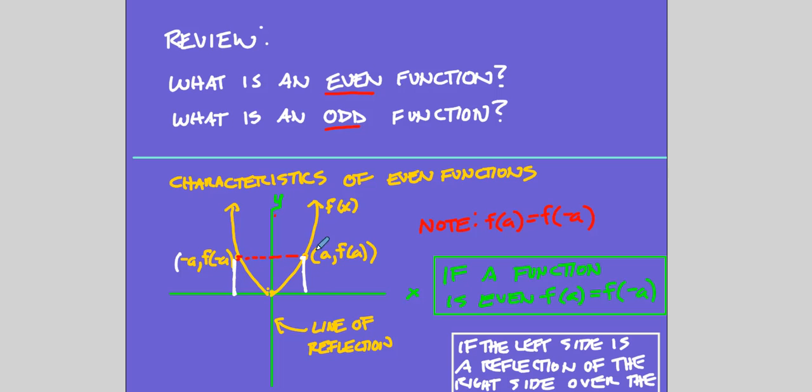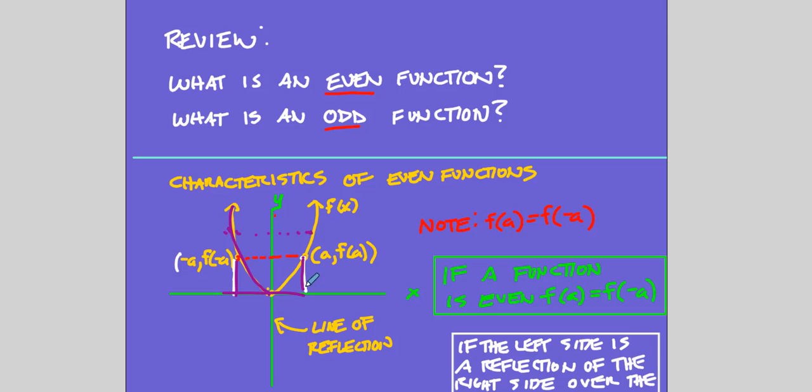We could just keep doing this, and what we get is a situation such that the left side of the function matches, or is a mirror image of, the right side of the function. If I reflect each point over the y-axis, I get the left side being a mirror image of the right side. So note that f of A equals f of negative A because they are both the same height from the x-axis.